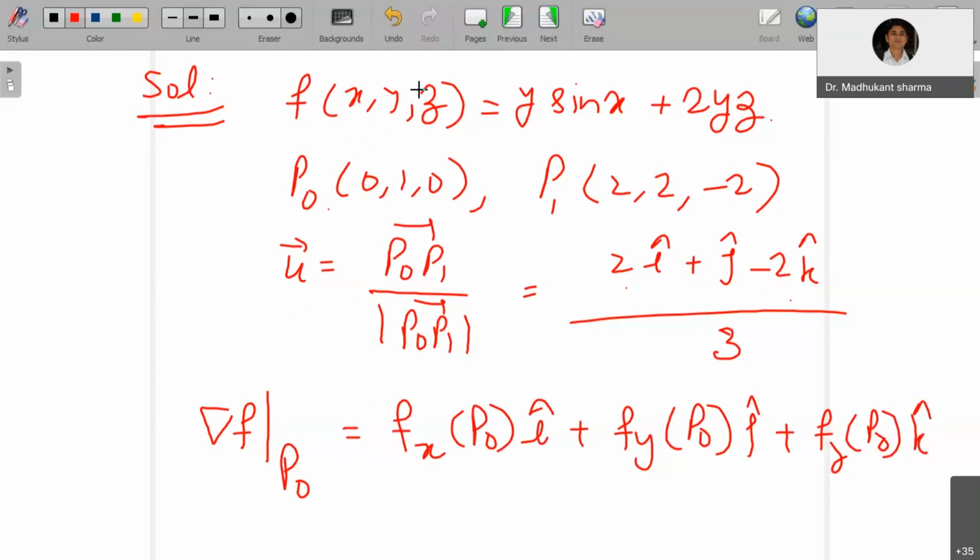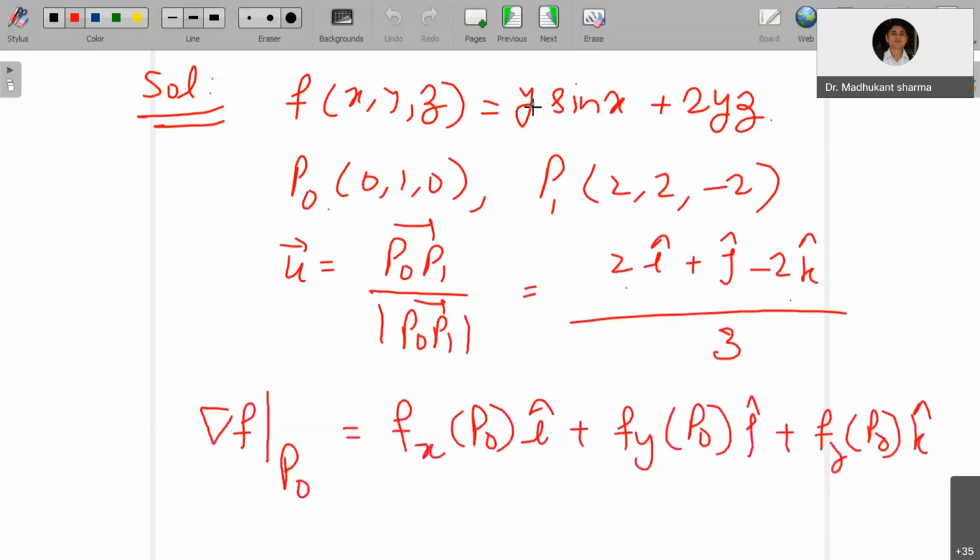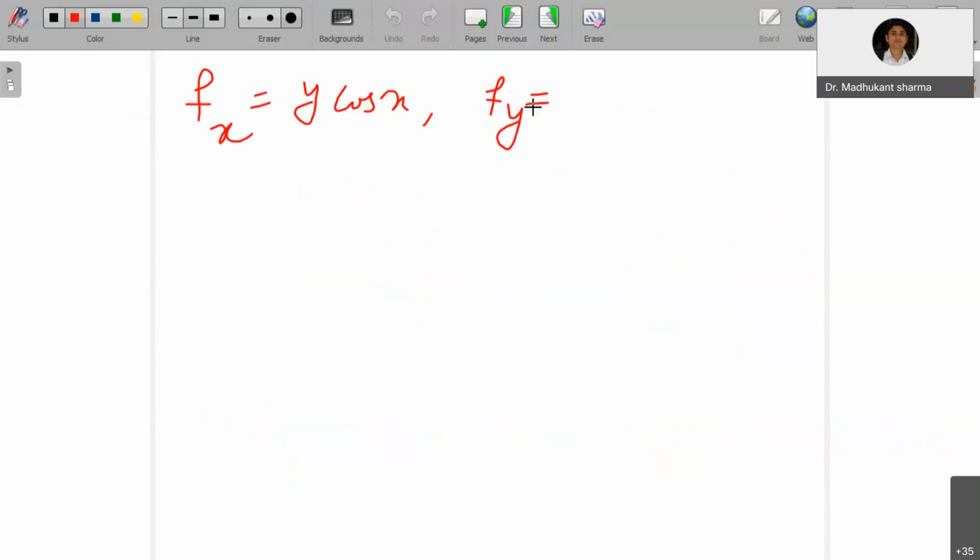You can identify from the definition of f that fx is y times cos x, fy is sin x plus 2z, and fz is 2y.